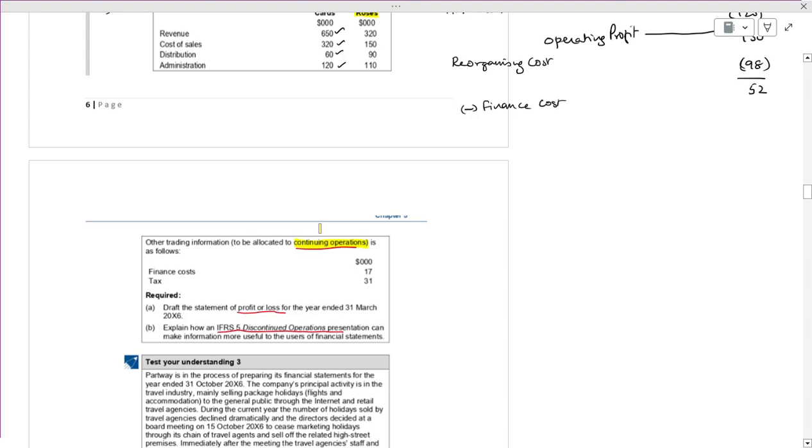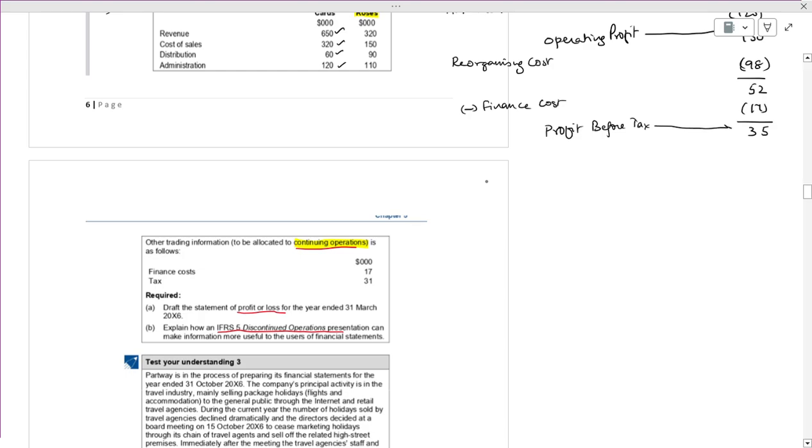Finance cost is how much? 17. It comes to 52 minus 17, 35. This is called profit before tax.